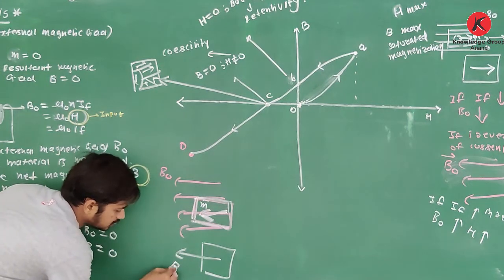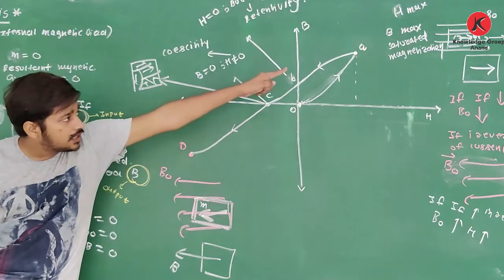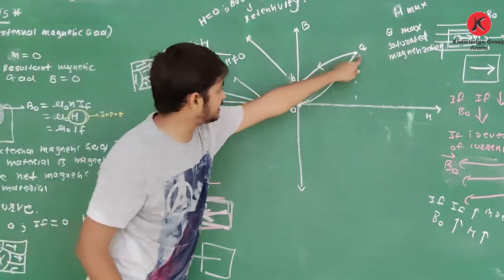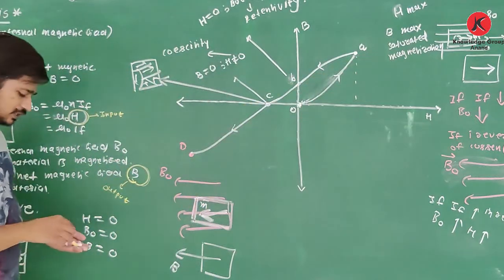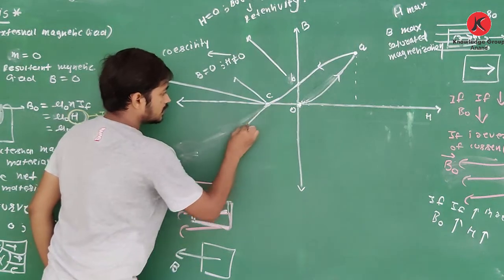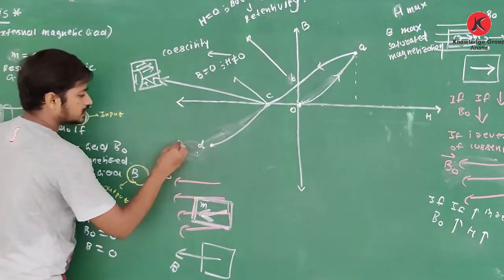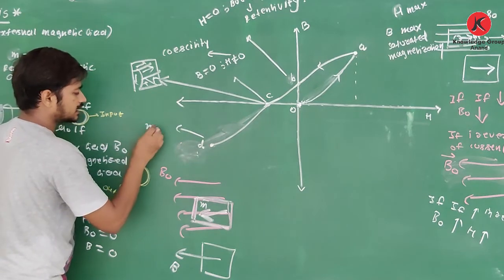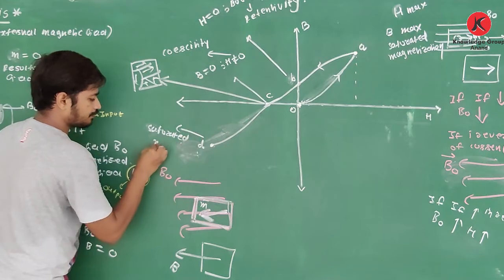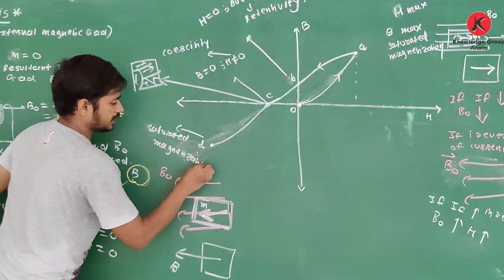But the resultant magnetic field is produced in this direction, which means in the opposite direction to that. See, this point and this point are opposite to each other. Clear about this? So this point D is also called saturated magnetization.